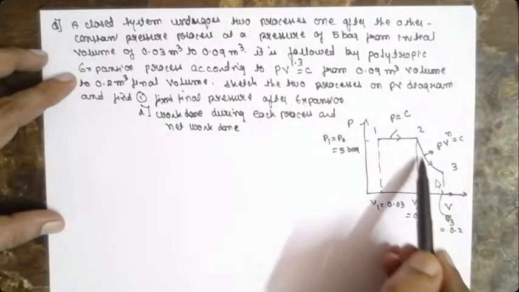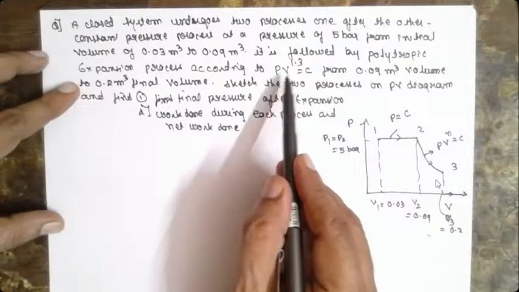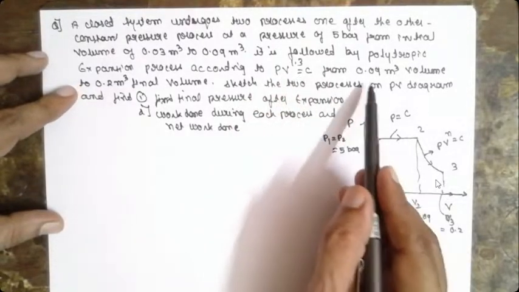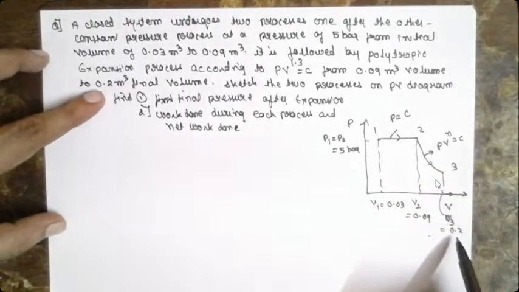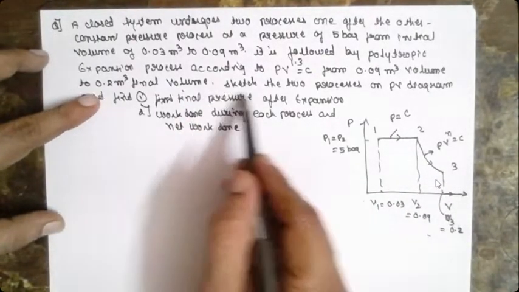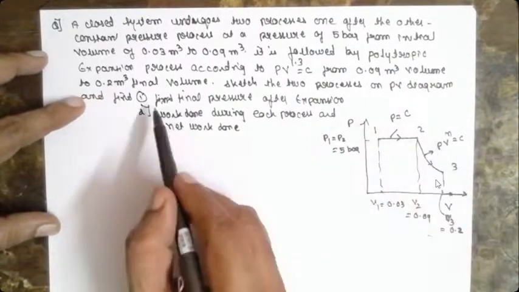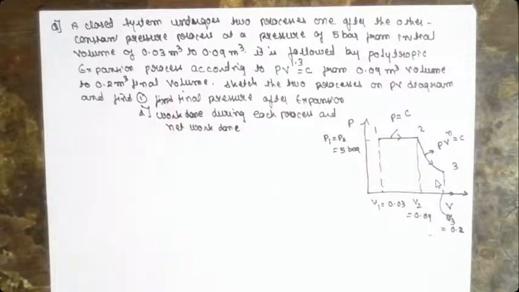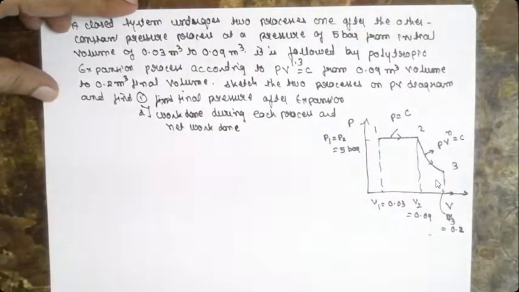Followed by a polytropic process, expansion process according to PV raised to 1.3 equals C, from 0.09 to 0.2 meter cube. Sketch the two processes on PV diagram. This part is completed. Next, we need to find the final pressure after expansion. Next, work done for each process and net work done we need to find out.